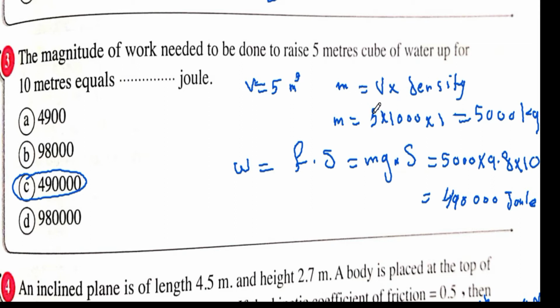The volume is 5 meter cube. The density of water is 1000. So the mass equals 5 times 1000 equal 5000 kilogram. The work W equals F dot S, the force is the weight m g, so m g times s is 5000 times 9.8 times 10. Therefore the result will be 490,000 joule. The answer is C.